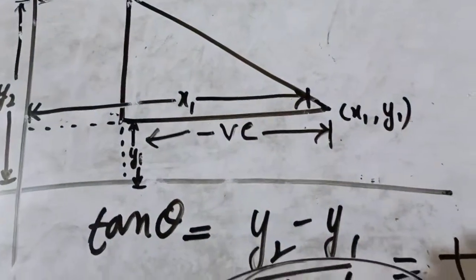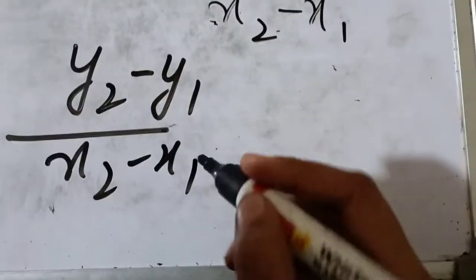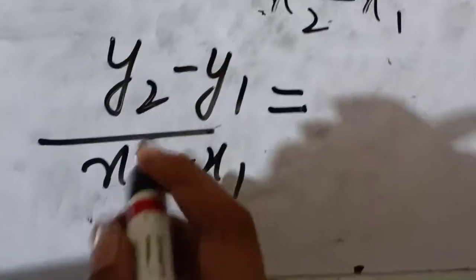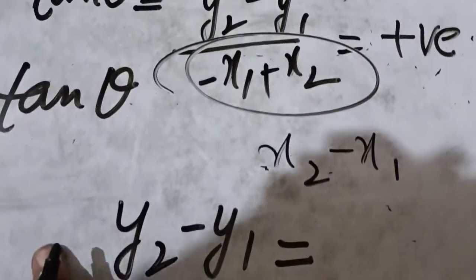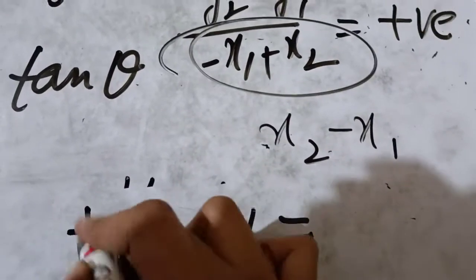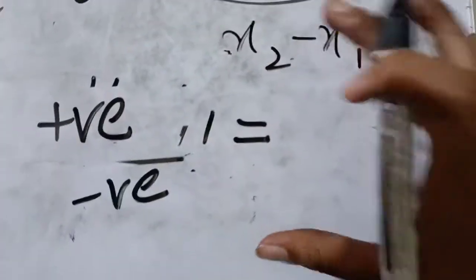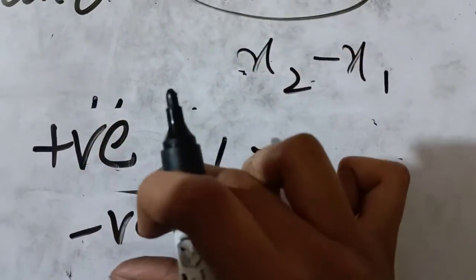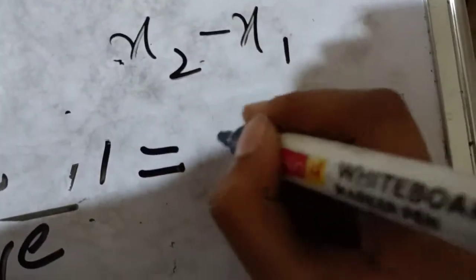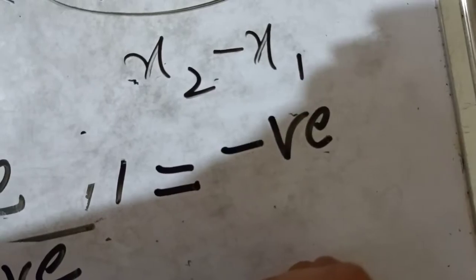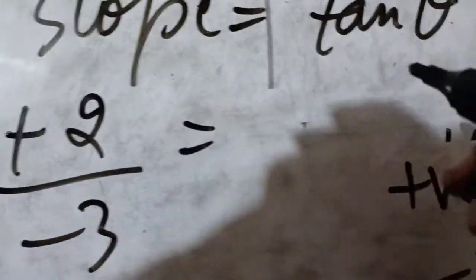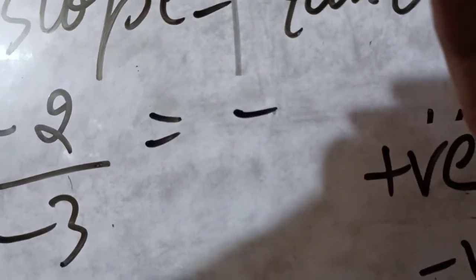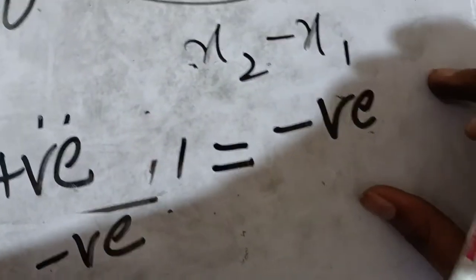This means the answer you get from this will be negative, and the answer from this will be positive, and positive divided by negative is negative. It is negative in magnitude, so this will also be negative in magnitude.